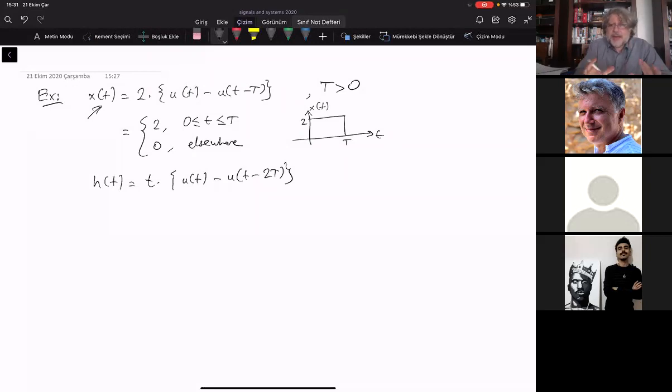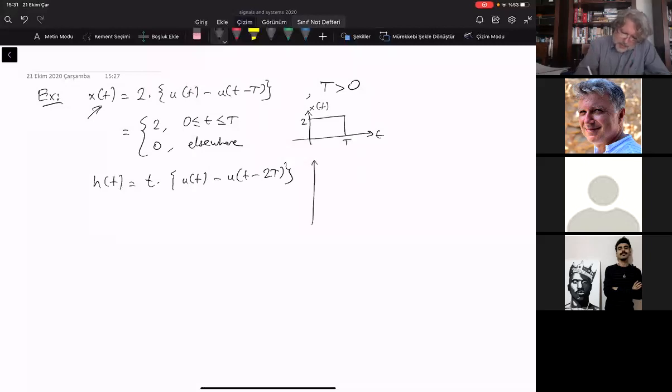First, maybe you have to analyze what's happening in the unit step parts. It's u of t minus u of t minus 2T. So it's a box starting from 0, ending at 2 capital T, right? Twice the length of x of t, twice the width of that. And then I'm multiplying it with t. What does that make as a shape?